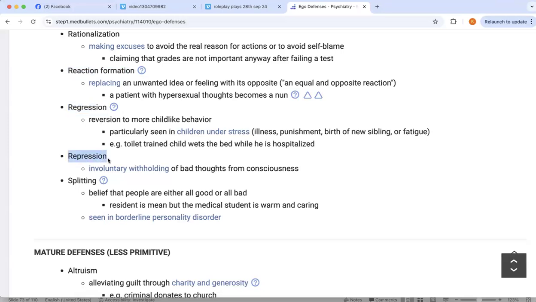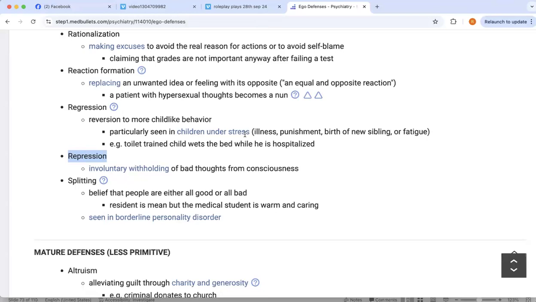Repression. Involuntary withholding of bad thoughts from consciousness. Let's say the patient was a victim of rape, and when you ask about the incident, the patient can't remember anything that happened. The patient actually can't remember.